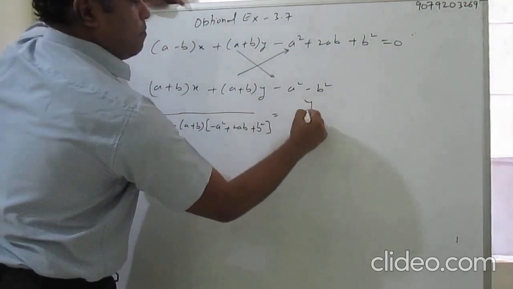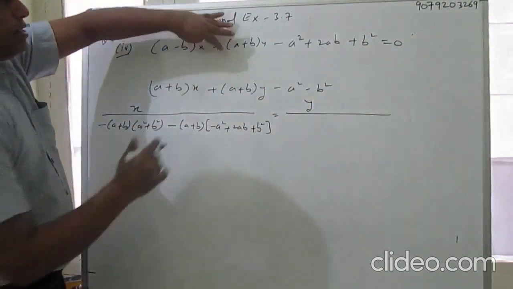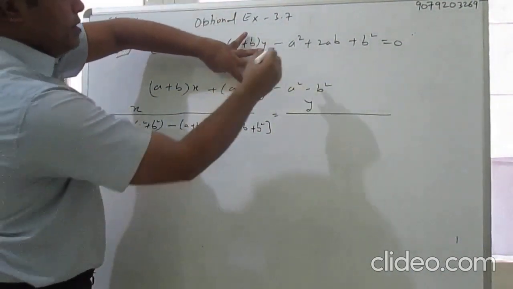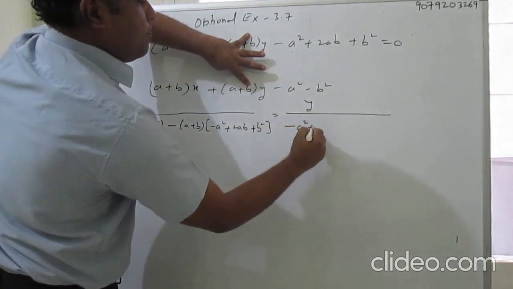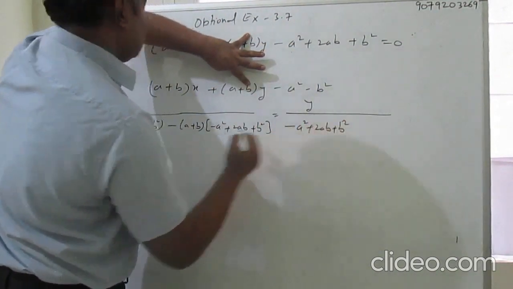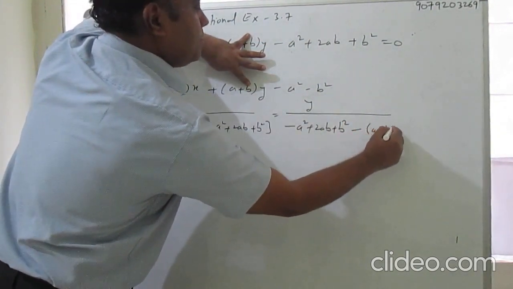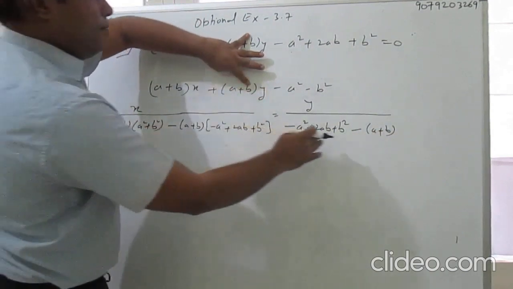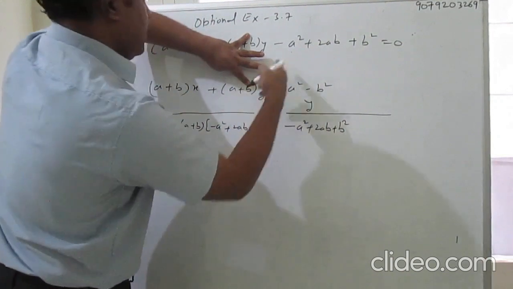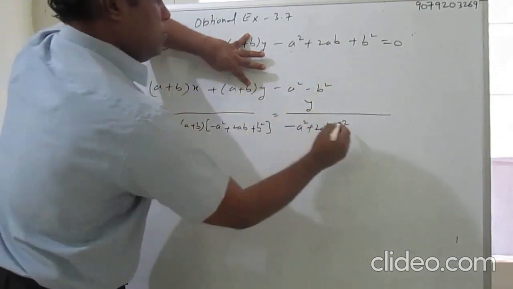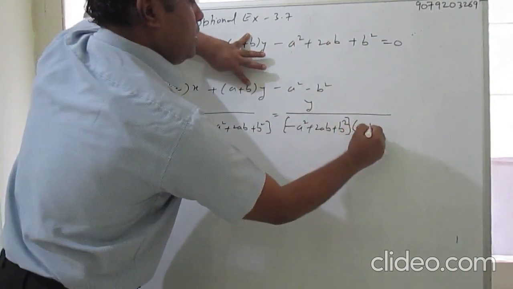Now y upon, hide y, see minus this into this, minus a square plus 2ab plus b square minus a plus b, minus this into minus a, minus this into this bracket into this a plus b.